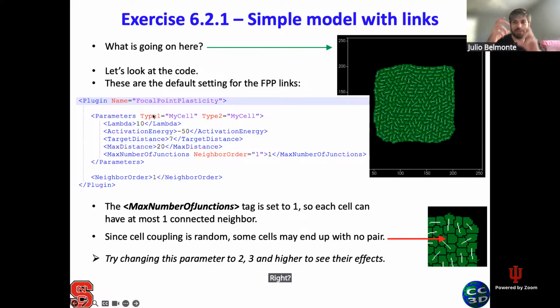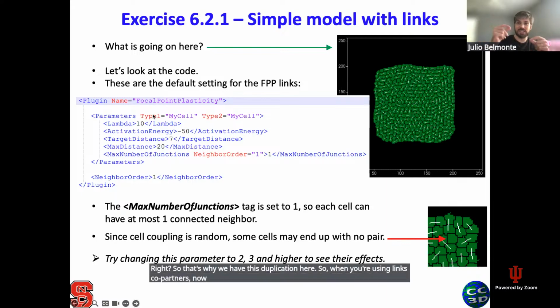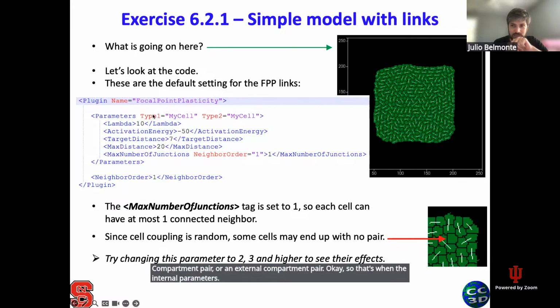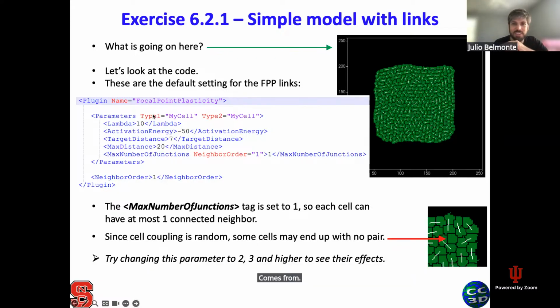So that's why we have this duplication here. When you're using links between compartments, now you have to worry about whether this is an internal compartment pair or an external compartment pair. Okay, so that's where the internal parameters come from. Does that make sense?